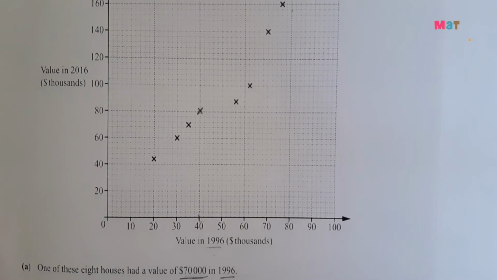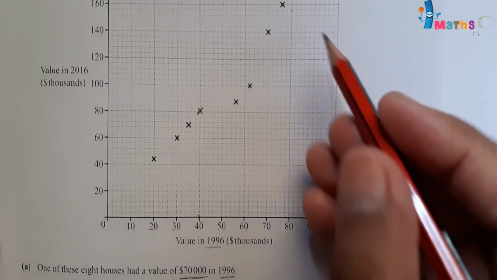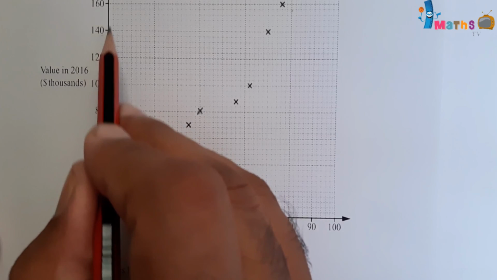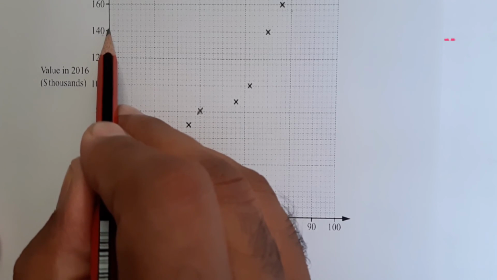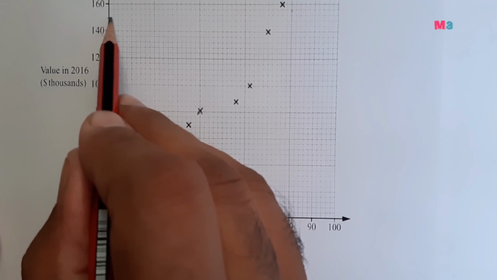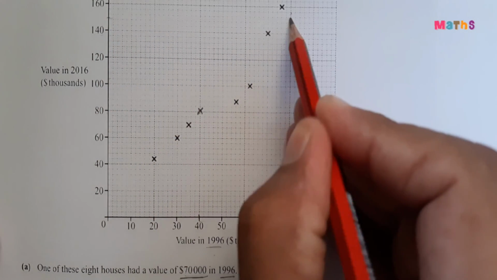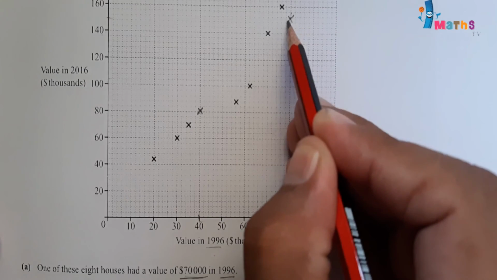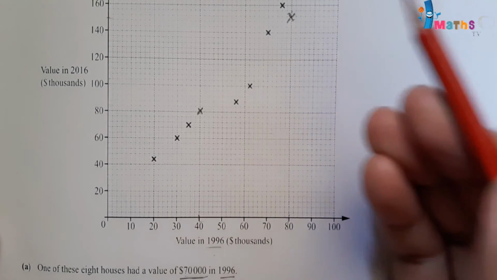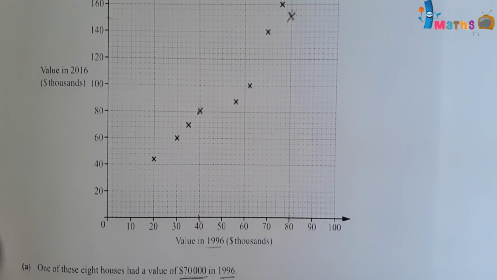The second one is 80 and 150. So 80 is this one, and 150 will be in the middle, since this is 140. We can mark this point like this. So we'll have to show these 2 points.